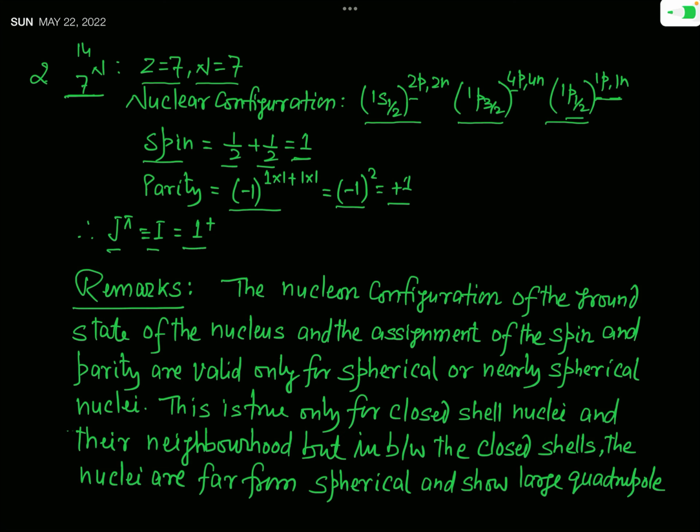So actually these were the three rules on the basis of which you can find the ground state spin and parity of different nuclei on the basis of the nuclear shell model. But there is a serious drawback of this parity and spin calculation on the basis of the nuclear shell model.